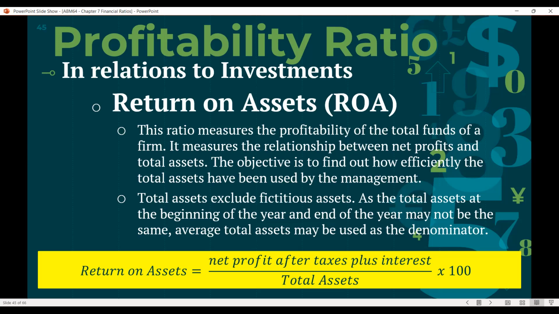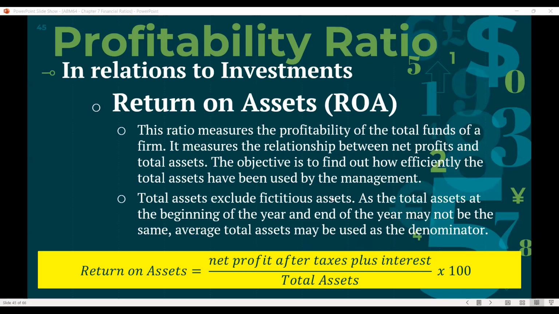stocks. So total assets also exclude fictitious assets, as the total assets at the beginning of the year and the end of the year may not be the same. Average total assets may be used as the denominator. So as you can see, total asset is the denominator. So this excludes fictitious assets.